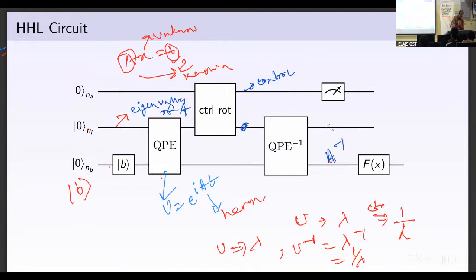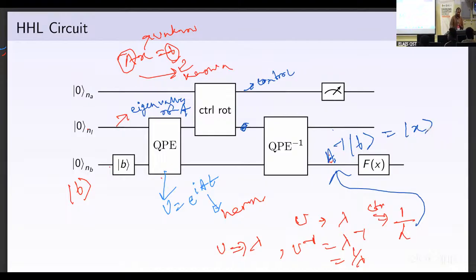So after the second QPE in reverse, we get A inverse acting on B. Since it is on the B register, A inverse acting on B is our required X.